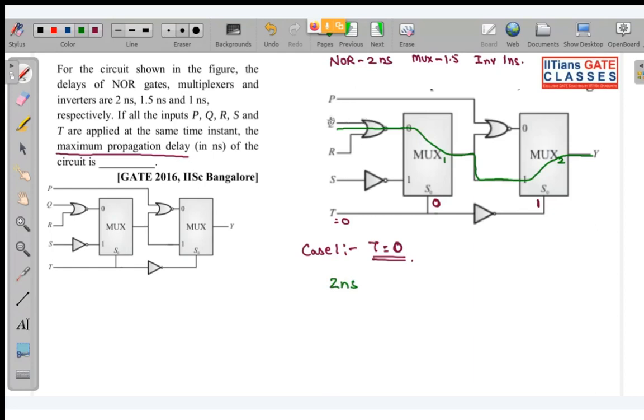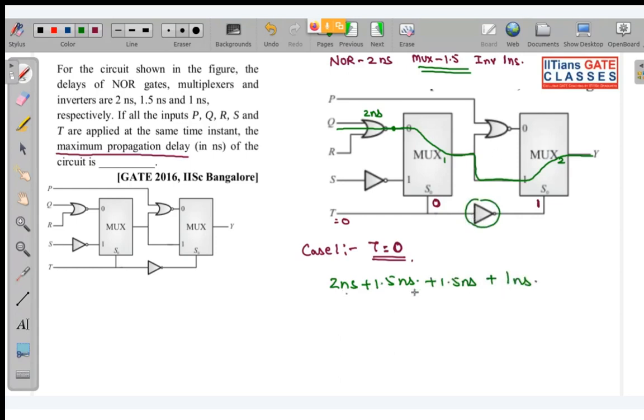So when you apply input, 2 nanoseconds are taken for the output of this NOR gate to stabilize. The output of this NOR gate is the input of this mux, so after 2 nanoseconds this mux gets input. The mux has a propagation delay of 1.5 nanoseconds. The output of this mux is the input of this mux, so this mux again has 1.5 nanoseconds. And this NOT gate has 1 nanosecond.